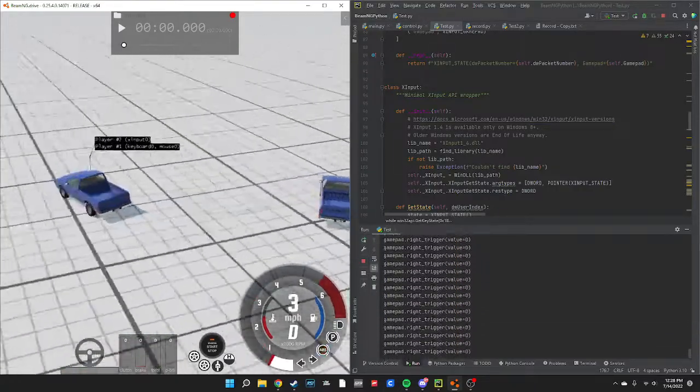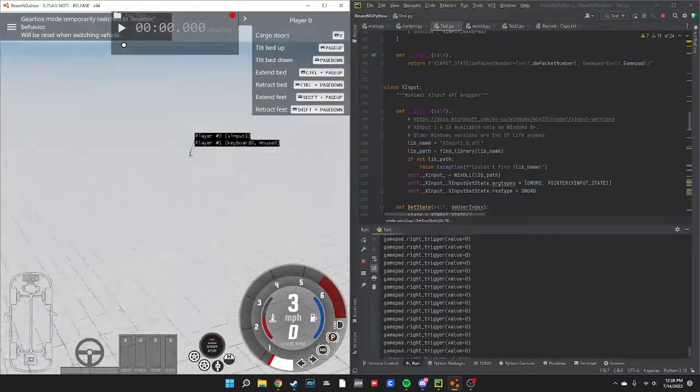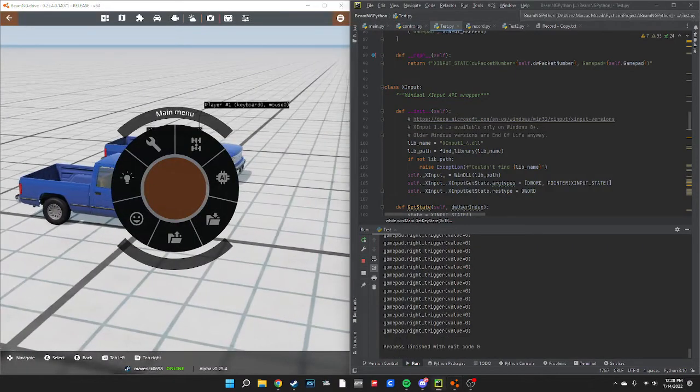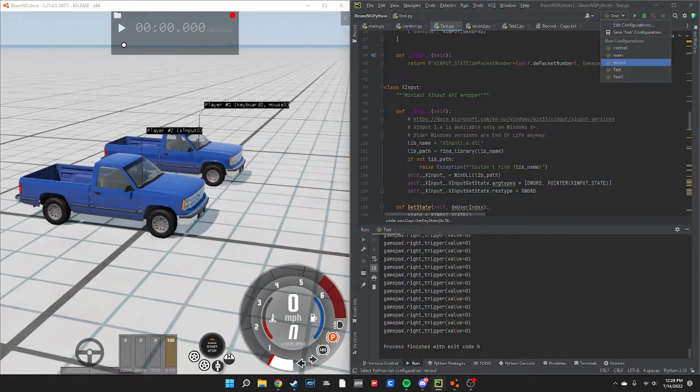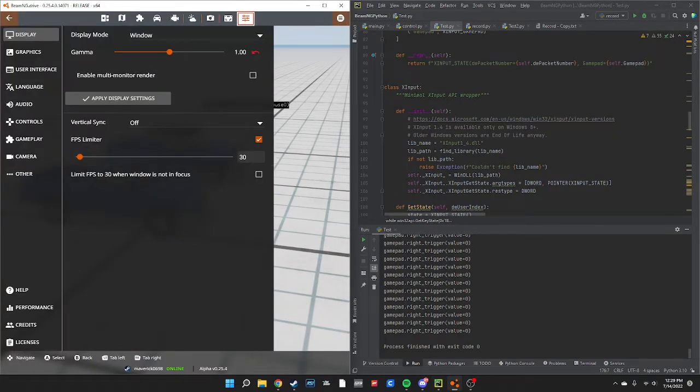Yep. Yeah, that's the one mode that I have working. And the second mode is what I actually started off designing this for.